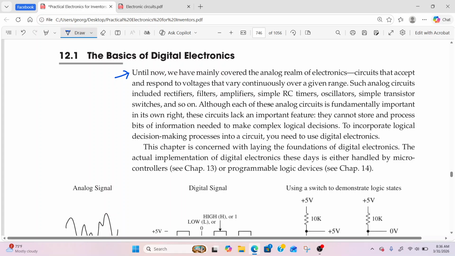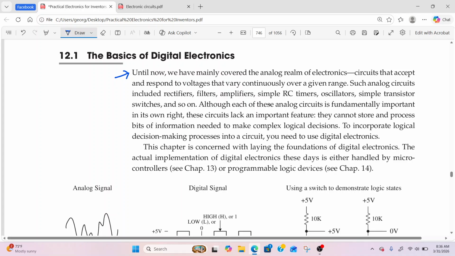So it says, until now, we have mainly covered the analog realm of electronics, circuits that accept and respond to voltages that vary continuously over a given range. Such analog circuits include rectifiers, filters, amplifiers, RC timers, oscillators, simple transistor switches, and so on.